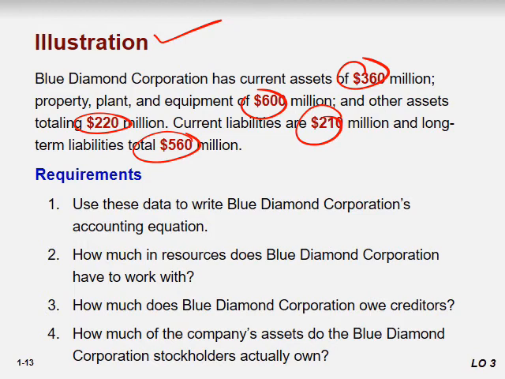Use these data to write Blue Diamond Corporation's accounting equation, and find out how much in resources Blue Diamond Corporation has to work with. Third, how much does Blue Diamond Corporation owe creditors? The fourth one is how much of the company's assets do the Blue Diamond Corporation stockholders actually own?